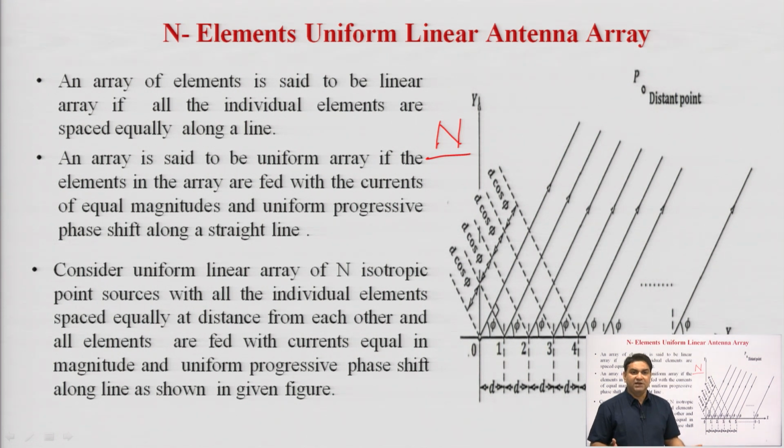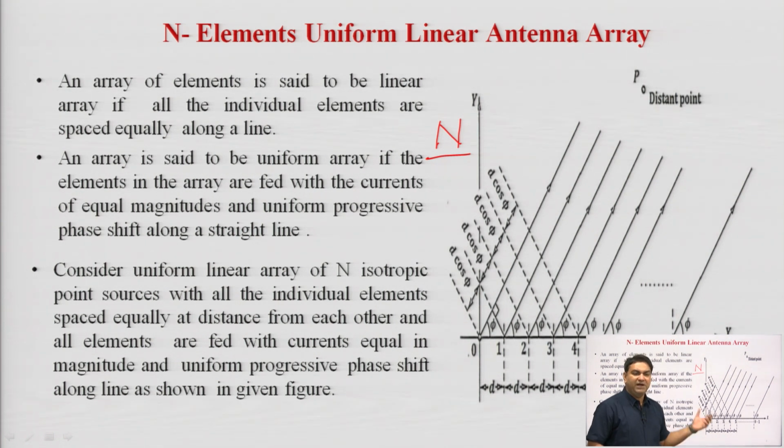So, obviously there must be a path difference, subsequently a phase difference, and finally we get these phase differences among all the point sources in the resultant electric field strength at the distant point P.